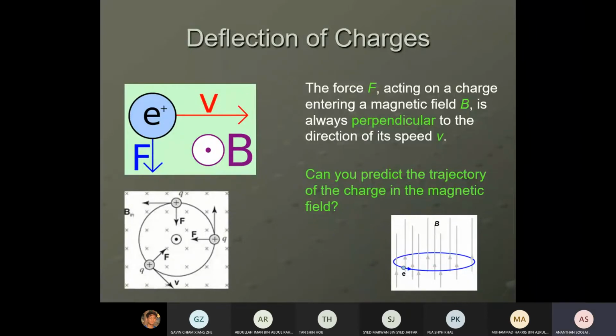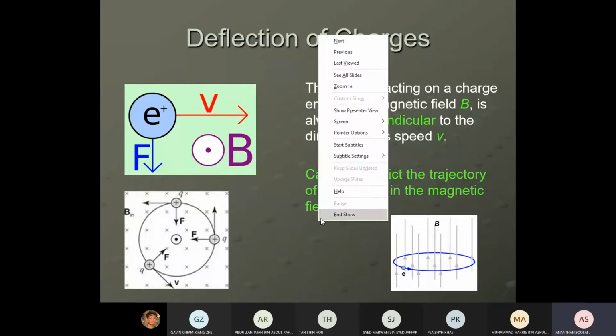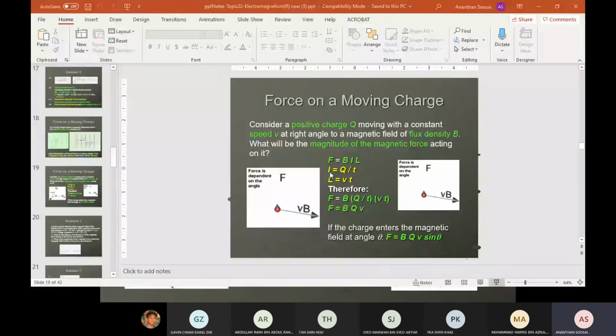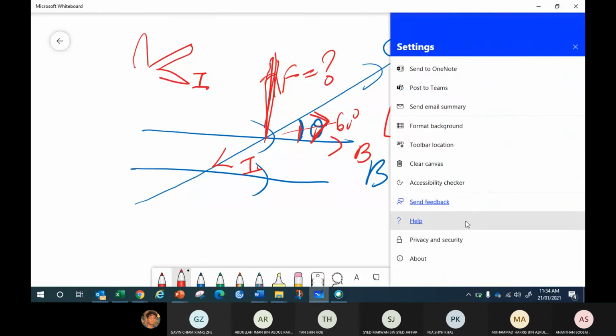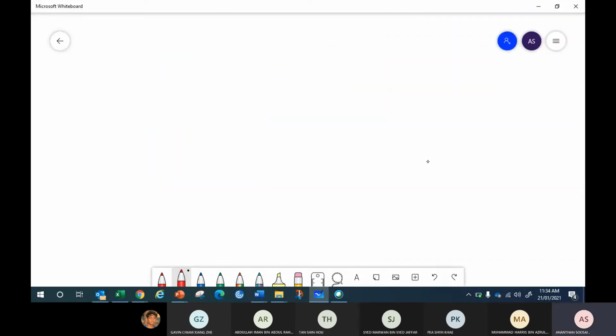Now the question is, you can see the diagram. Electric field, parallel plates, electron going in, up positive, down negative. What type of path is experienced by the electron?